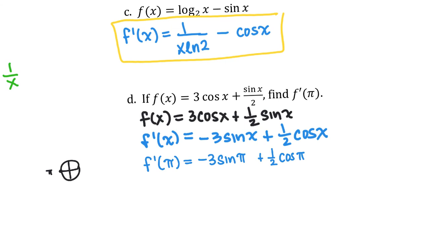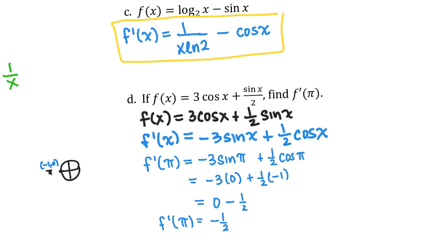The ordered pair for pi is (-1, 0). Okay, so f prime of pi is going to be -3 times the sine of pi, which is the y value, 0, plus 1/2 times the cosine of pi, which is -1. So that's going to be 0 minus 1/2. So f prime of pi is -1/2.